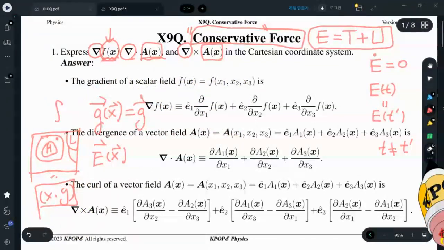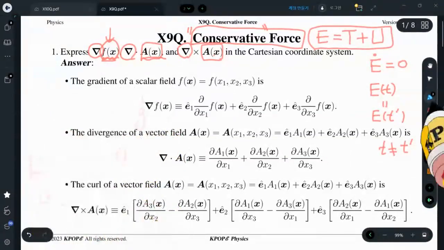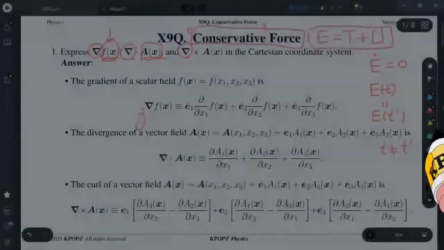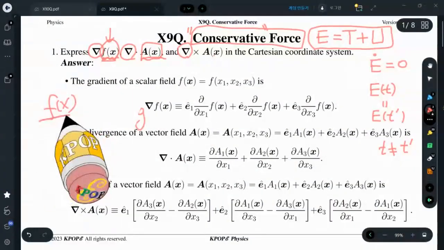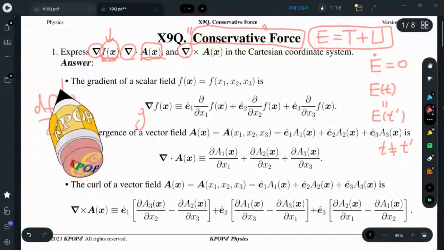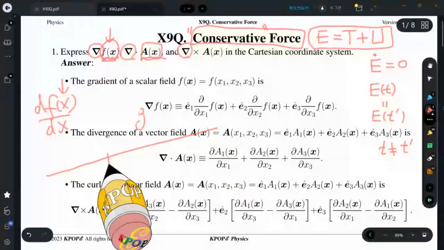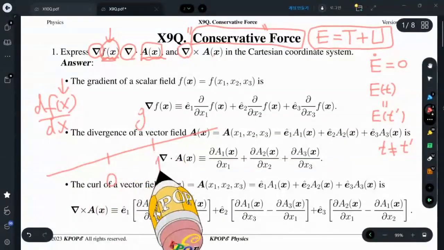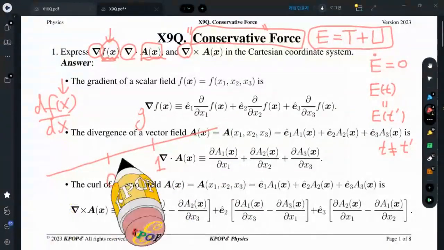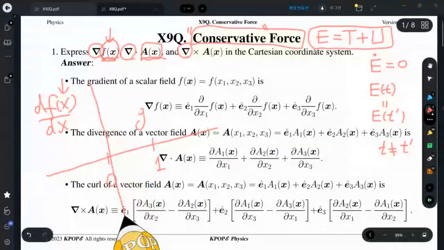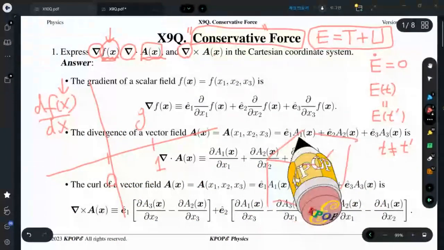If you have a scalar field, there are three ways of taking the derivative. You learned in high school to take the derivative of a single variable function because you have been isolated on a straight line represented by a number line. But nature is not one-dimensional, not two-dimensional. It is three-dimensional space.